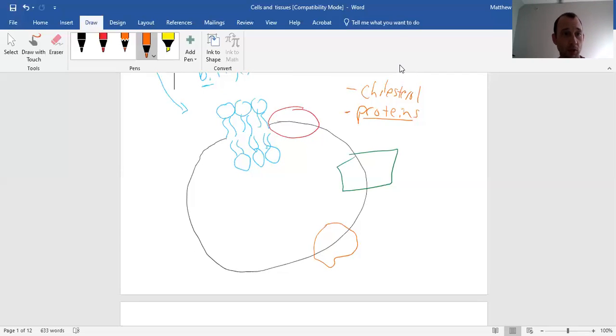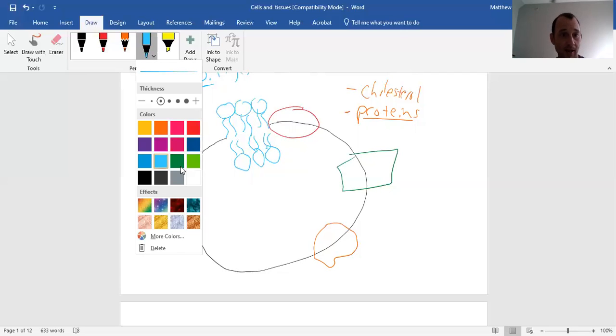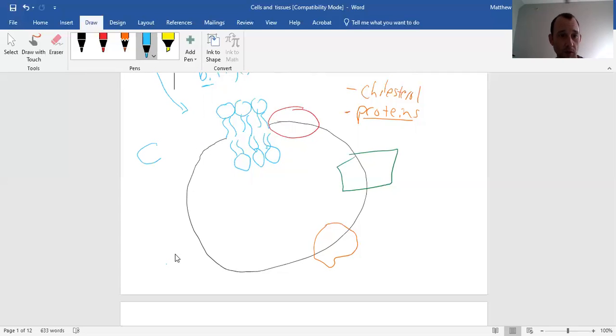Now, your phospholipids are unique, and this is not something unique to cells or a cell membrane. It is something that's unique to phospholipids. It's in their inherent chemical nature. All right, a phospholipid, and if I drew one phospholipid here, your phospholipid has a hydrophilic head, and it has a hydrophobic tail.